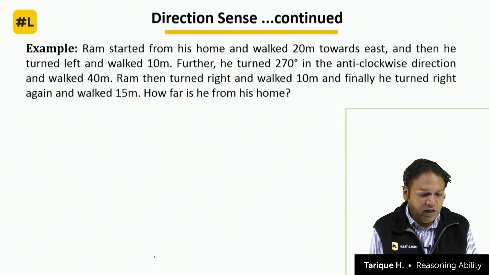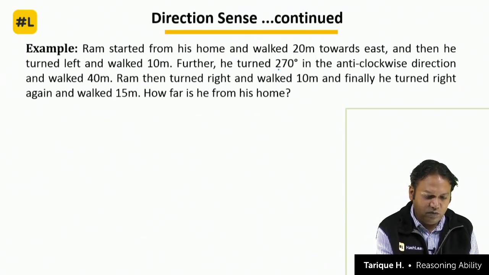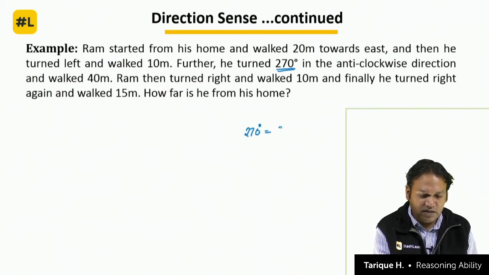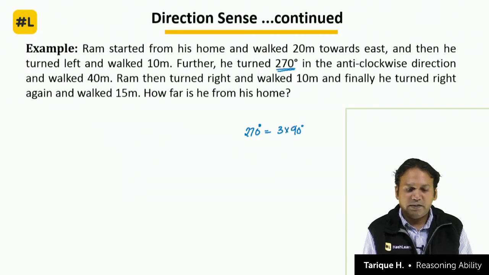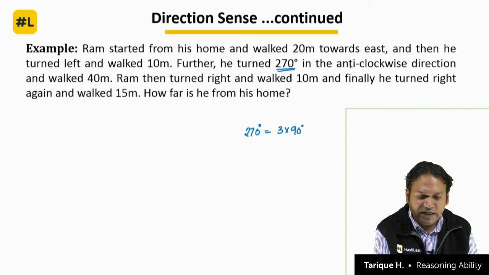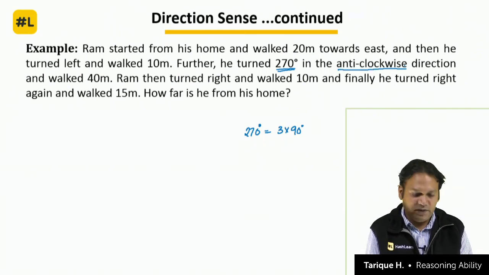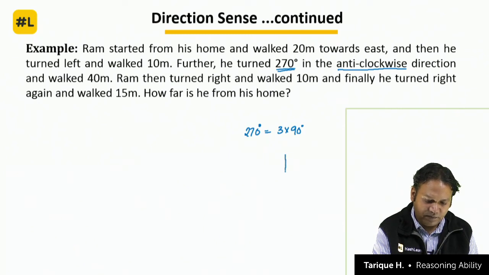Alright. So, let us see here, first of all 270 degrees. What is the meaning of 270 degrees? 270 degrees is 3 times 90 degrees. If you are turning 270 degrees in the anti-clockwise direction, what does it mean? Let us make a direction point here.